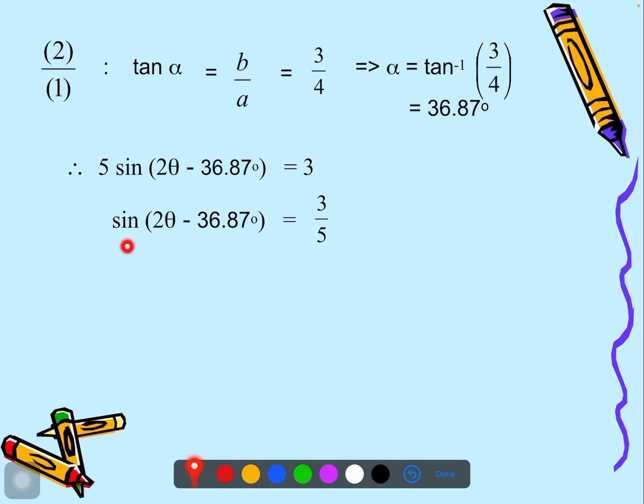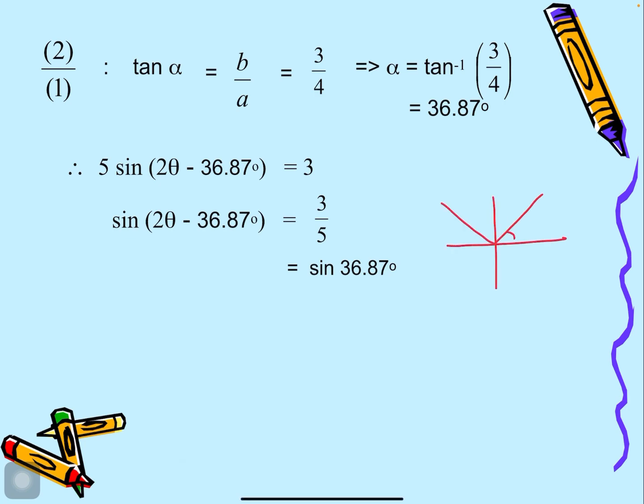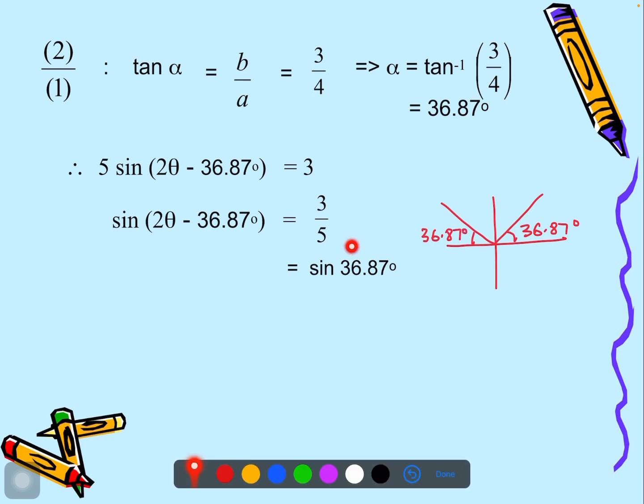So sin (2 theta minus 36.87) equals 3 over 5, which gives 36.87. And sin here is positive. If it is positive, we will have sin in the first quadrant and also in the second quadrant, and the acute angle involved is 36.87.